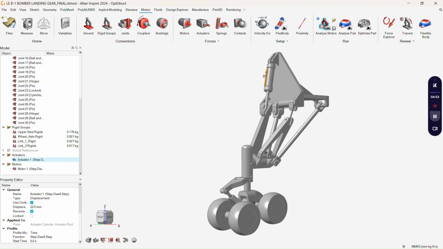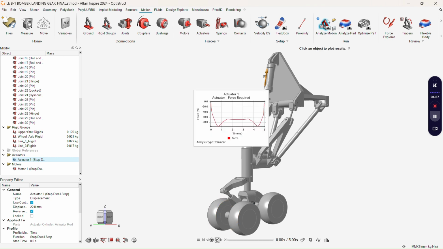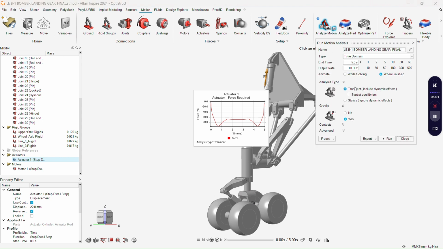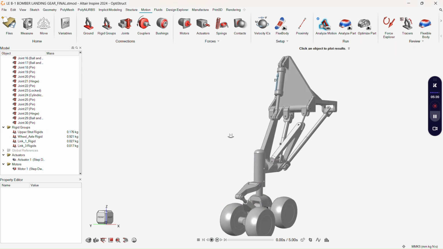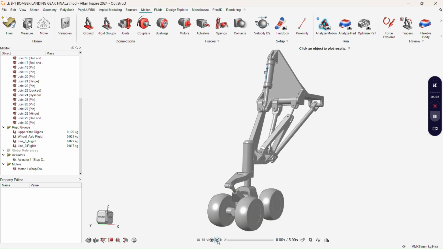Then we'll be simulating the motion. I've already simulated the motion here. And these are the parameters for the motion. The end time for the full motion analysis is 5 seconds, and we are doing a transient analysis, and the gravity is on. So this is how the landing gear motion analysis looks.